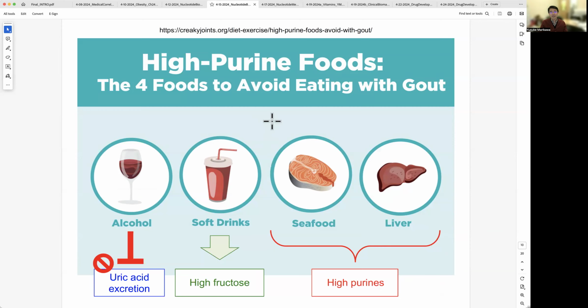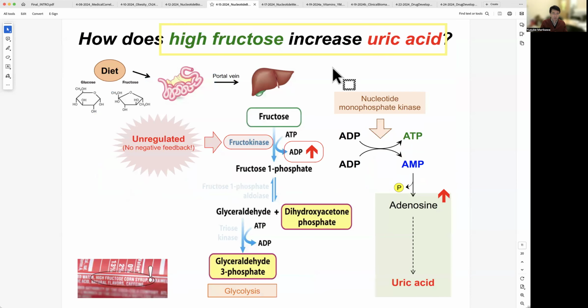Here are the foods that increase the uric acid level, which you should avoid to prevent gout. I talked about high-fructose beverages, drinks and foods, that increase uric acid through a somewhat complicated mechanism. You don't need to know that detail; it's kind of cool, but I'm not going to ask it.